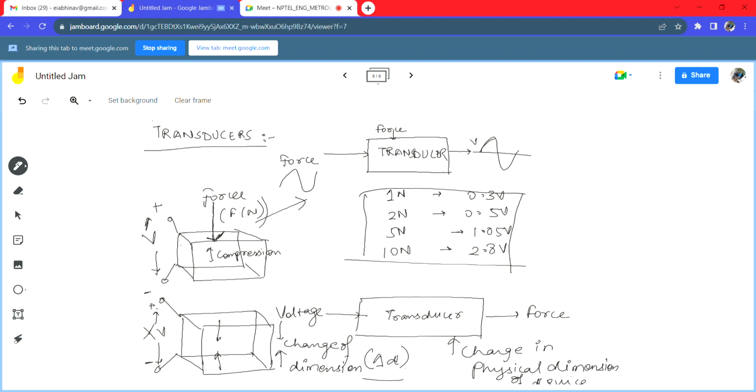Or in case this X volts corresponds to a rarefaction, this will go up and this will go down and we will see a rarefaction here, or maybe elongation that you call.